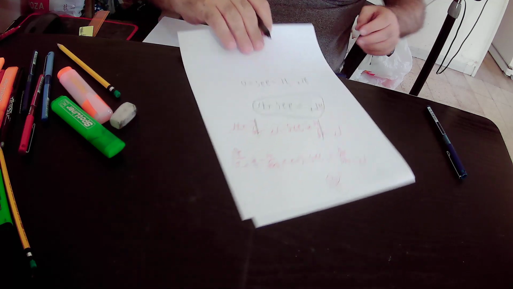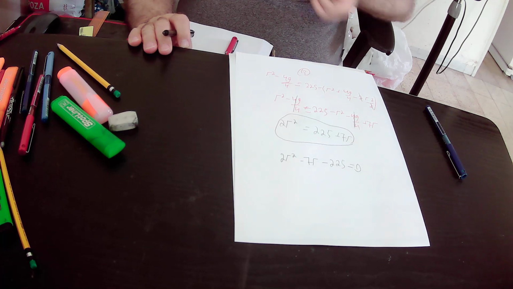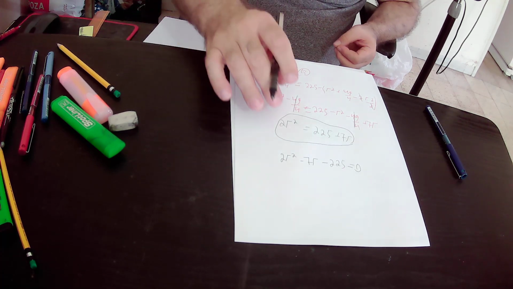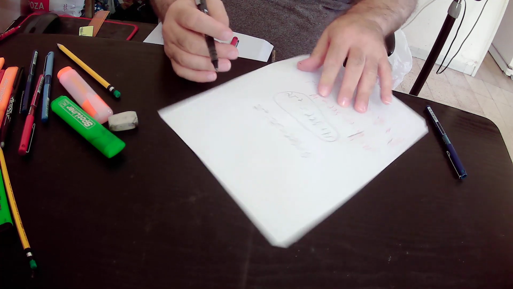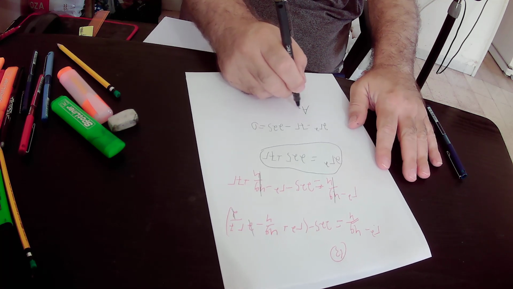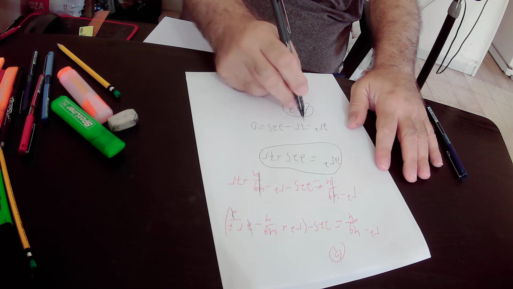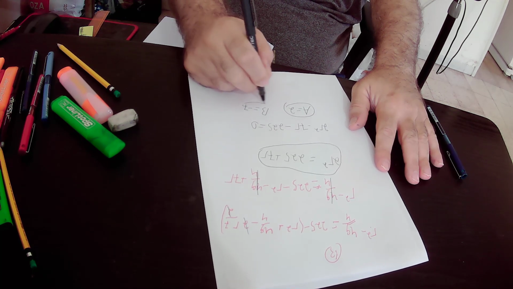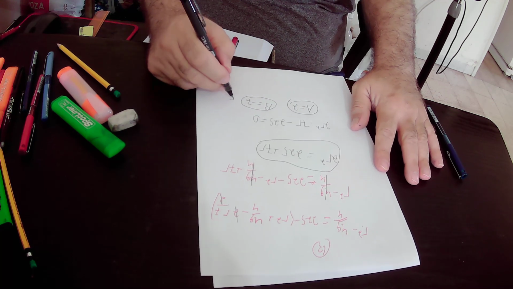So we got this quadratic equation, and the coefficients of this quadratic equation are a equals 2, b equals minus 7, and c equals minus 225.